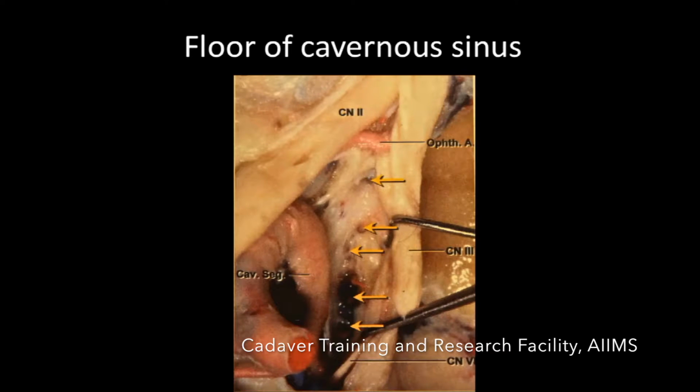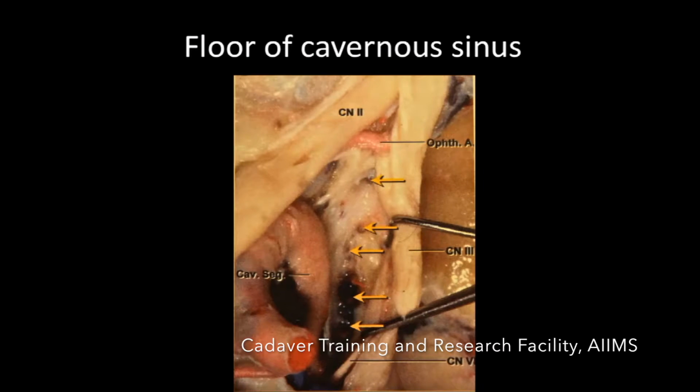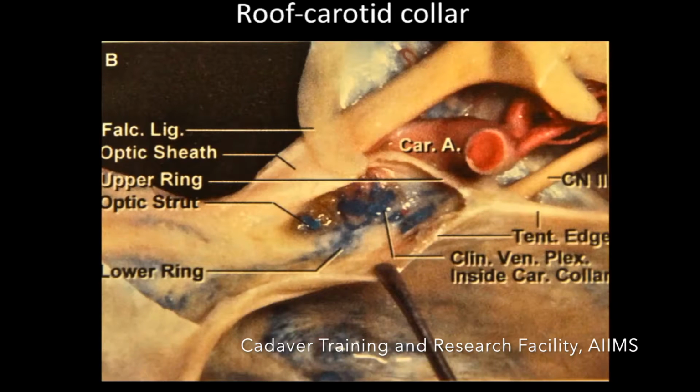One theory says it's a trabeculated cavernous space. And this is the anterior inferior venous space in front of the anterior genu of the cavernous sinus. Above the posterior genu is the superior venous space, and medial to the carotid artery is the medial venous space. So three venous spaces are there in the cavernous sinus.